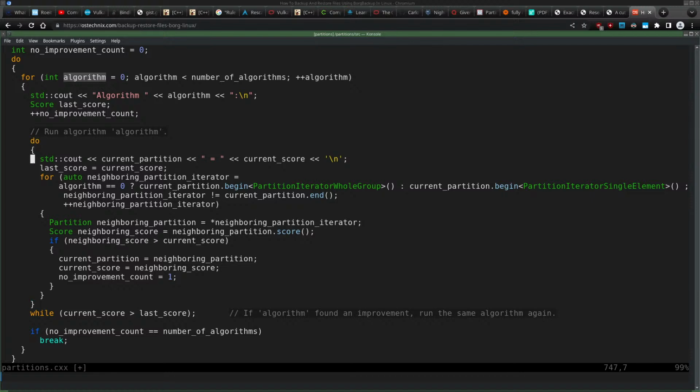And then we should increment it before we get here, so we do that here.